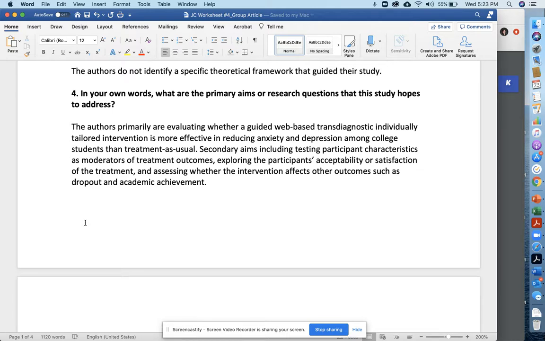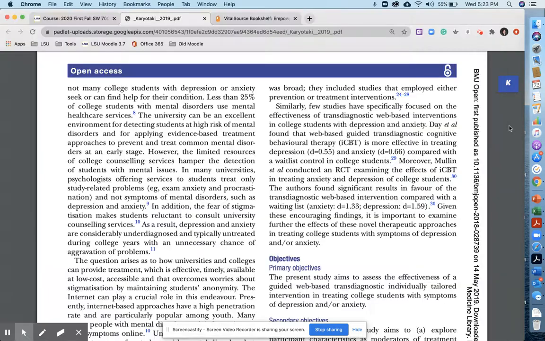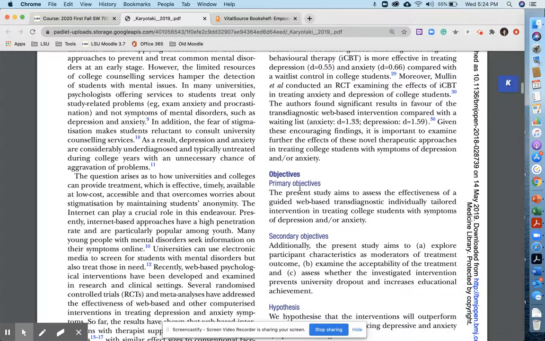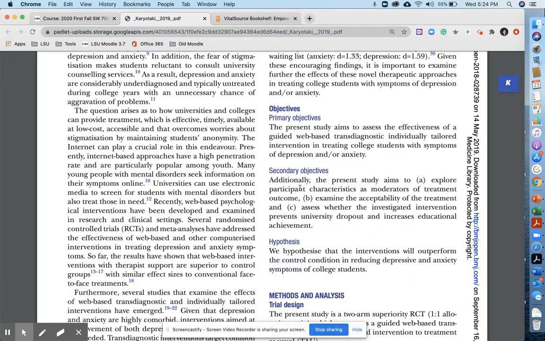And I also don't want you to do direct quotes because I want you to practice paraphrasing. So let's go back to the article. Where we will find this information is usually at the end of the literature review. And you'll see that that's exactly where we find it here, after the introduction and the literature review.